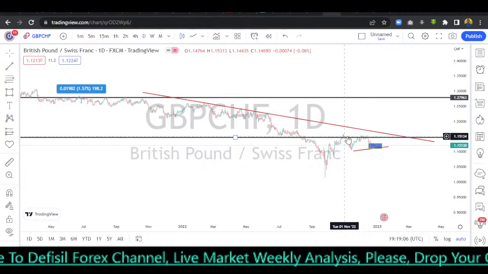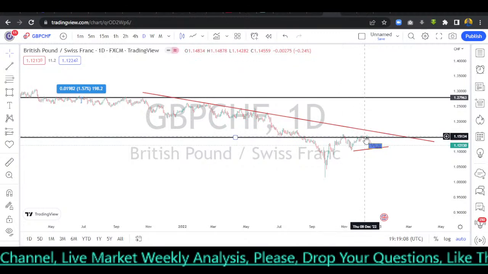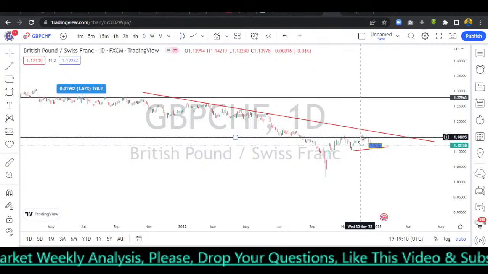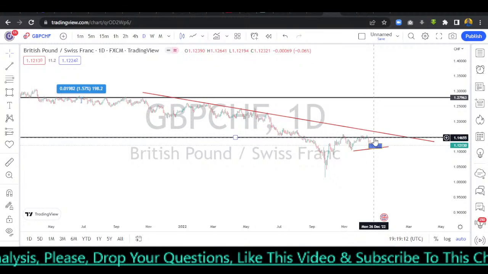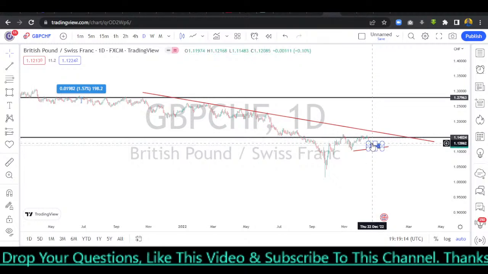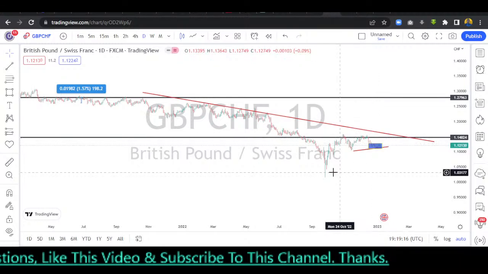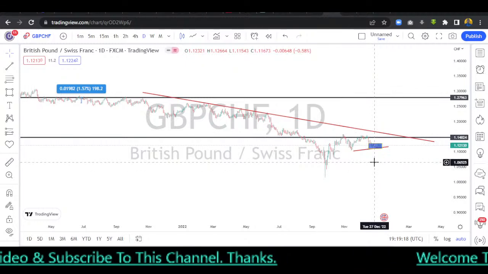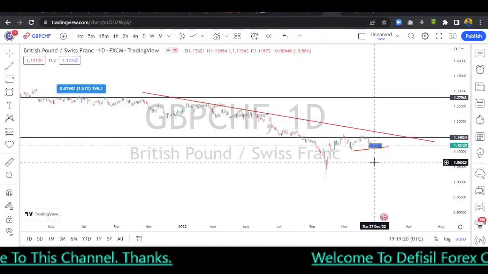This is a major resistance over here. Then the attempt couldn't go through. Then it formed a downtrend, and currently it's forming a ranging market.